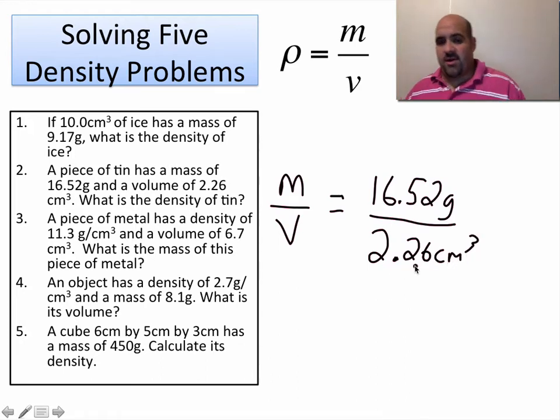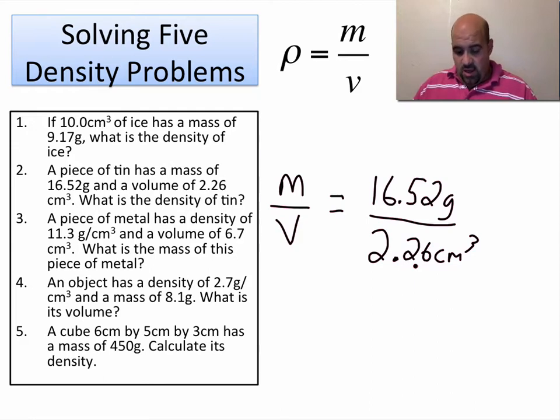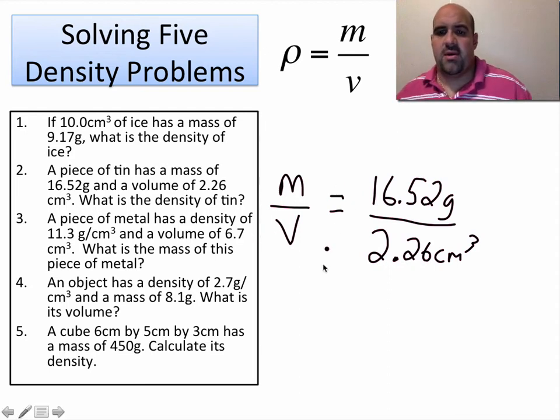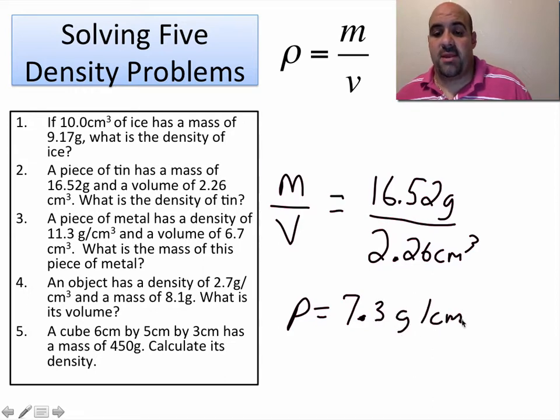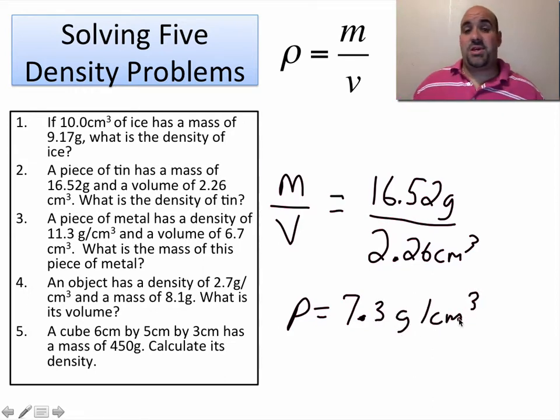And if we throw that in our calculator very quickly, 16.52 division key, 2.26 equals 7.3. So rho equals 7.3 grams per centimeter cubed.